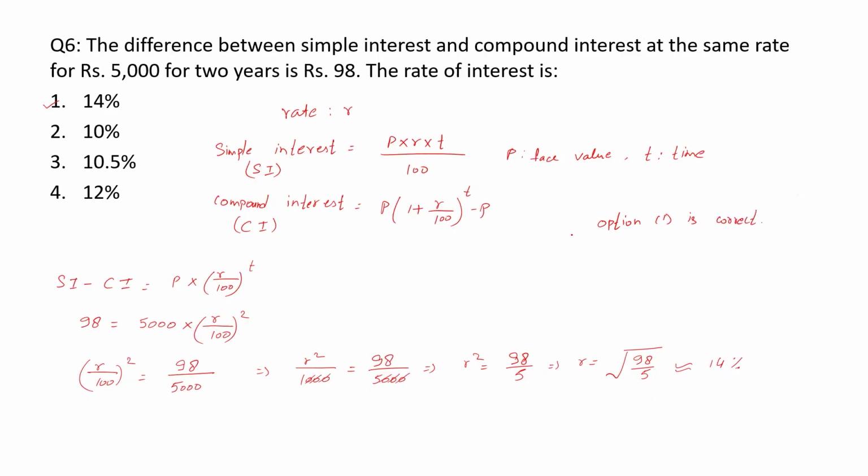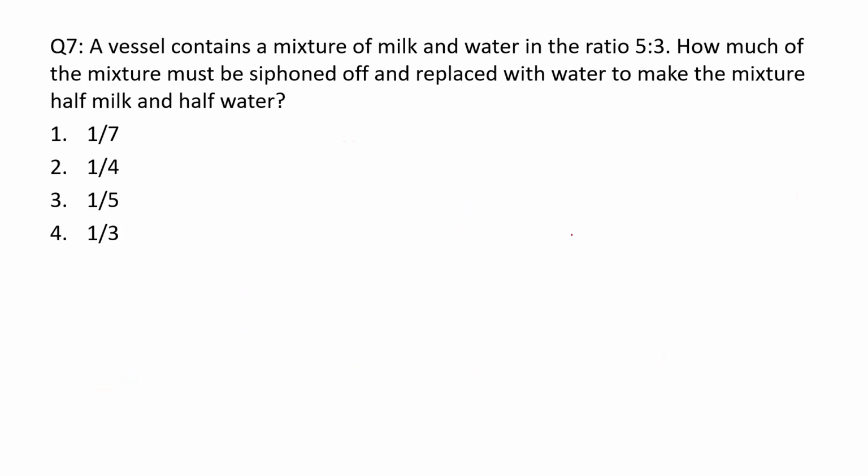Okay. Next problem. A vessel contains a mixture of milk and water in the ratio 5 is to 3. How much of the mixture must be siphoned off and replaced with water to make the mixture half milk, half water? So, what is the situation? You have a mixture where fifth part of the mixture is milk.